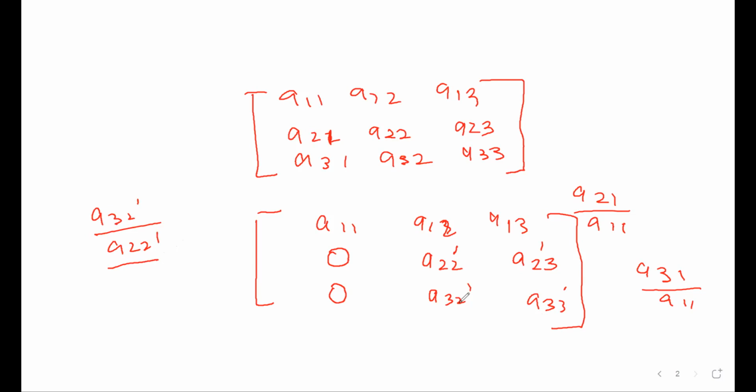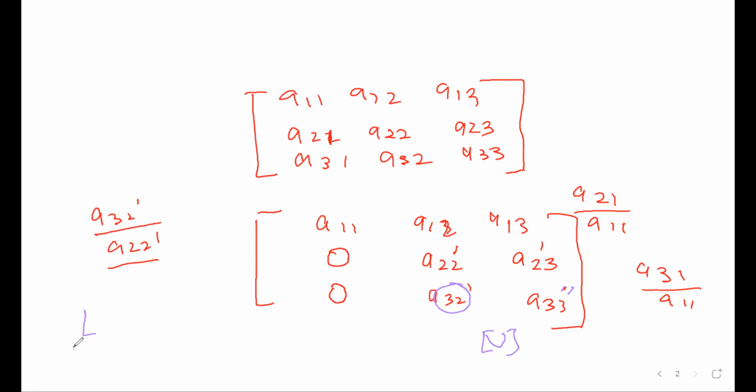Then this will be eliminated. Eventually, you will obtain a triangular matrix. It will also be 0, and we will obtain another coefficient there, A33 prime. So this is your upper triangular matrix, U. Now, how to find your L?